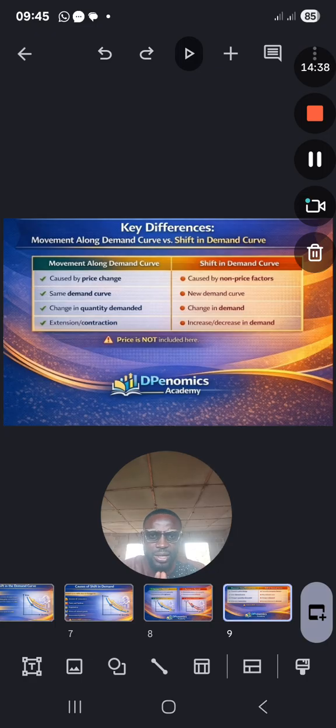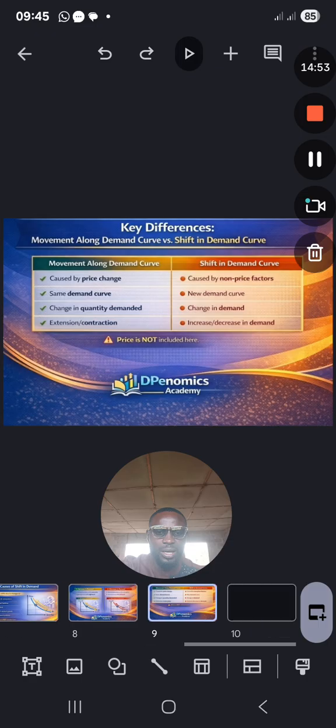Now, for increase and decrease in demand, under shift in demand curve, as demand moves to the right, a shift rightward, it causes an increase in demand, and when it shifts to the left, it causes a decrease in demand.